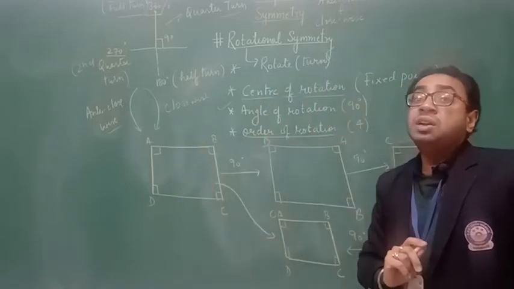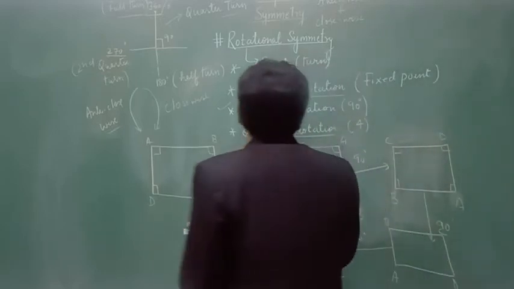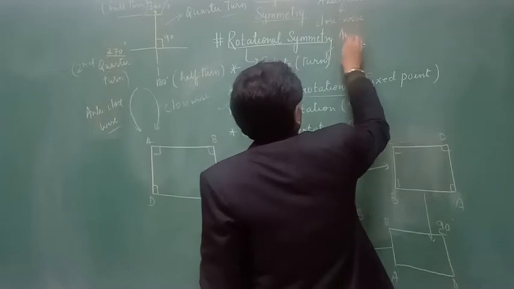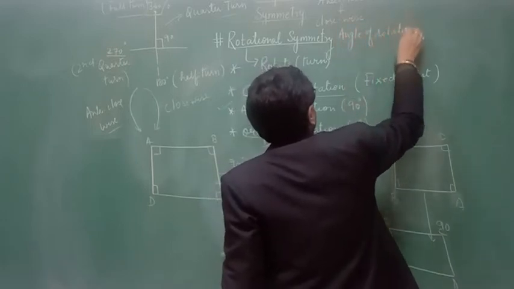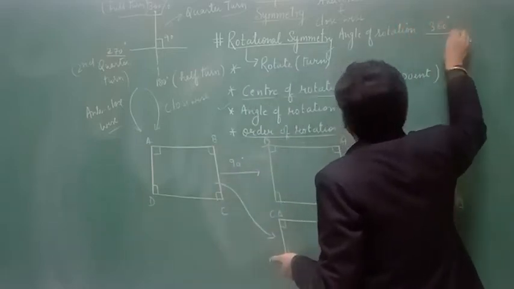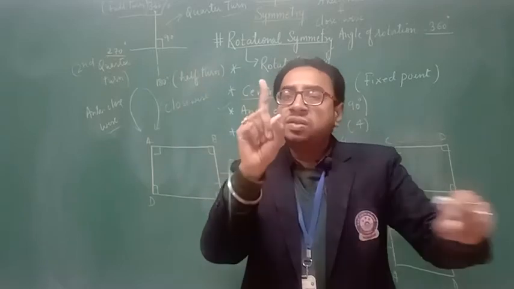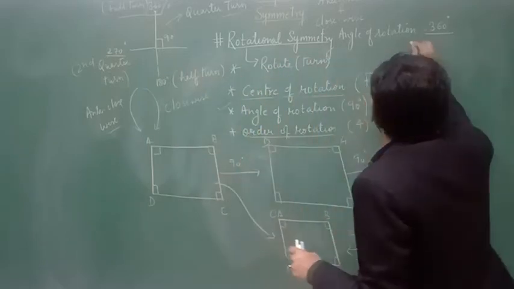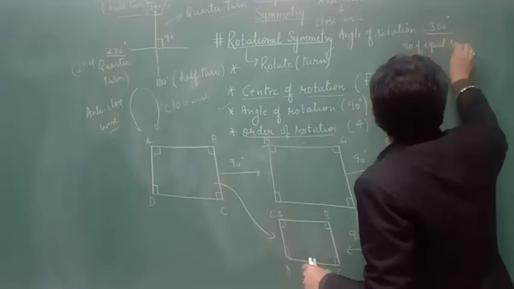So, angle of rotation. I'll give you a brilliant formula, a shortcut to find the angle of rotation. How to find angle of rotation? The formula is equal to 360 degrees, because any object in nature, if it takes the complete round, it is 360 degrees, divided by the number of equal sides.